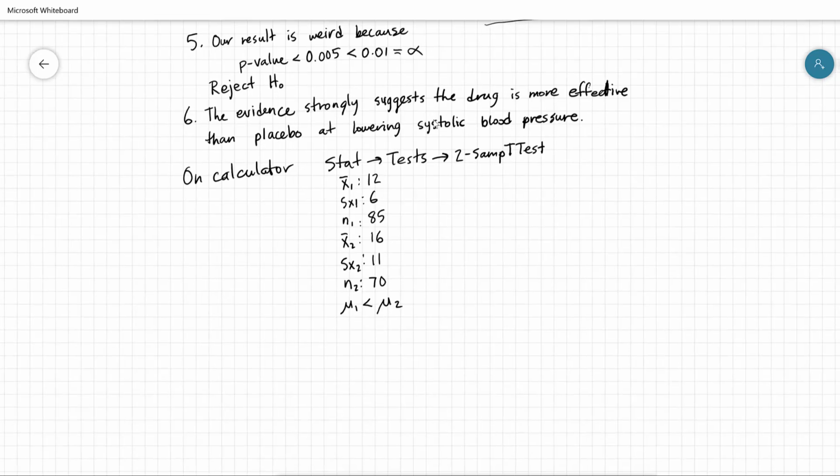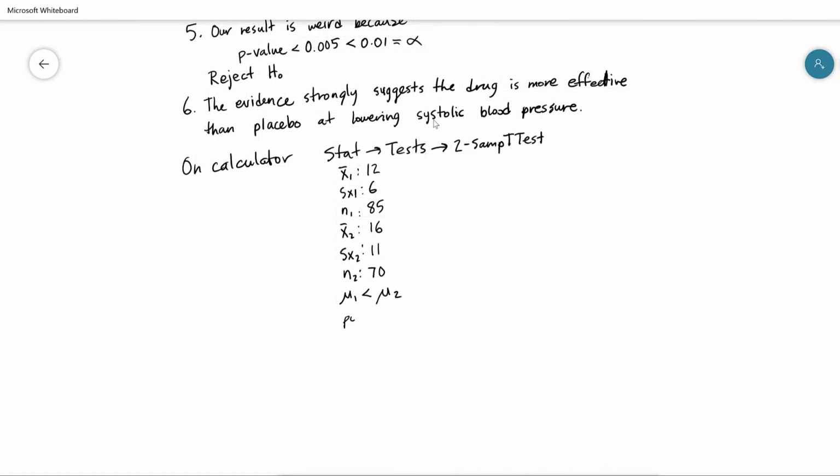When it asks if we want to pool our data, keep that on no. We do not want to pool our data for this. So enter all those numbers in, 12, 6, 85, 16, 11, and 70. And hit calculate. It'll spit out some stuff that we already found.